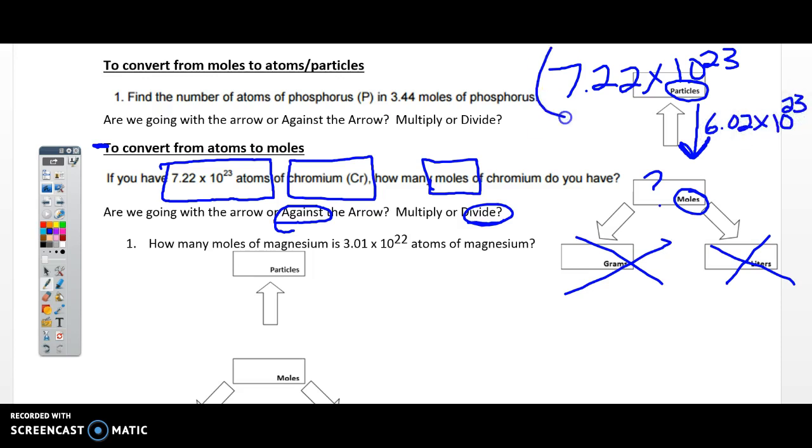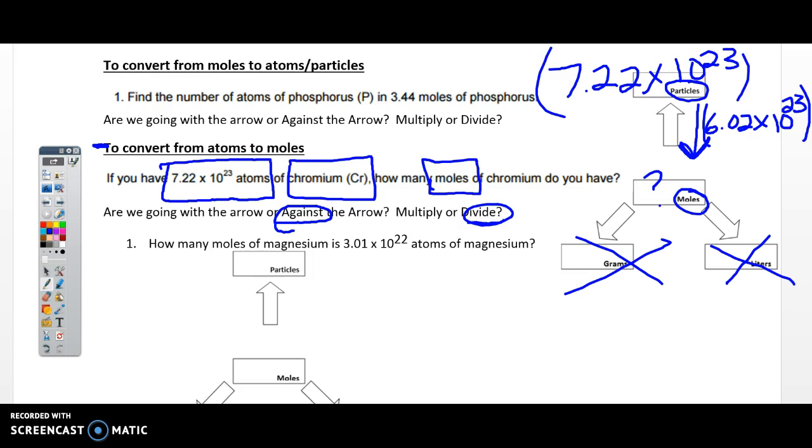Remember, when you put this in your calculator, make sure that you put in parentheses. So calculating this, put parentheses 7.22 second comma 23, and then close that parentheses, divided by, and then put another parentheses 6.02 second comma 23, close the parentheses.